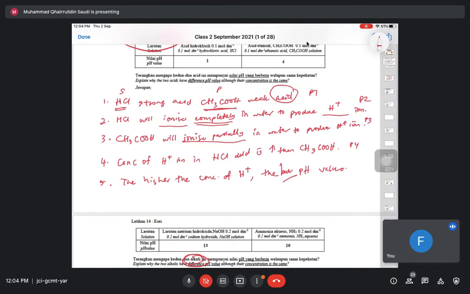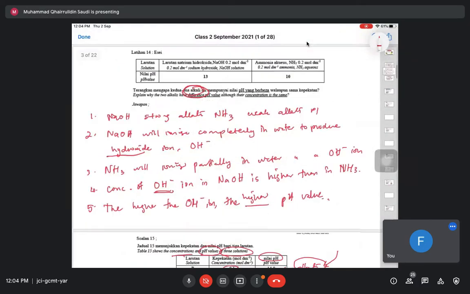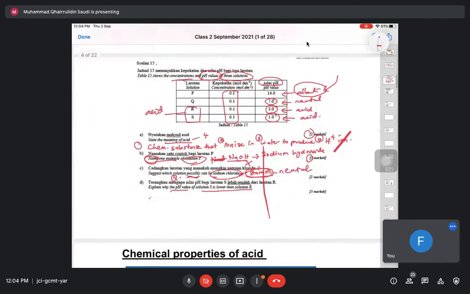Untuk jawab soalan tadi, 5 marks. Hello, faham tak? So use the name solution R and solution S. So if we go through it quickly, which solution is a strong acid? S. Good.